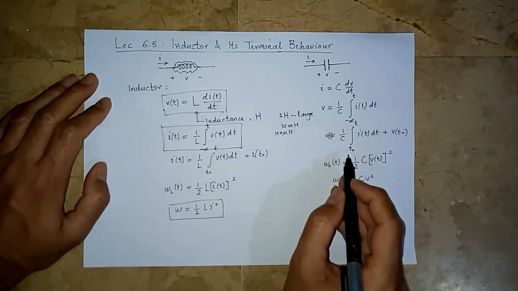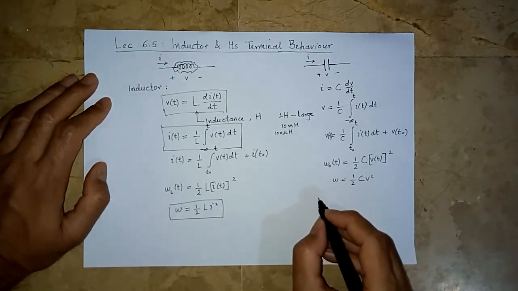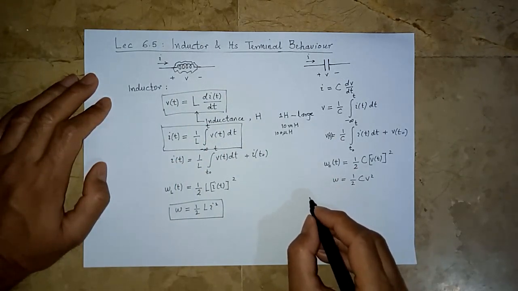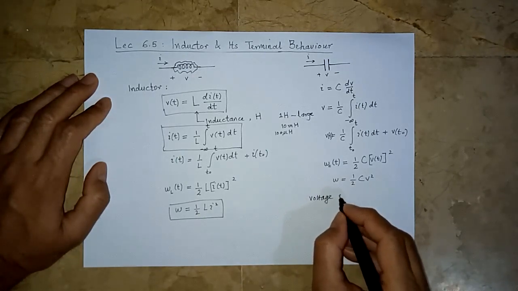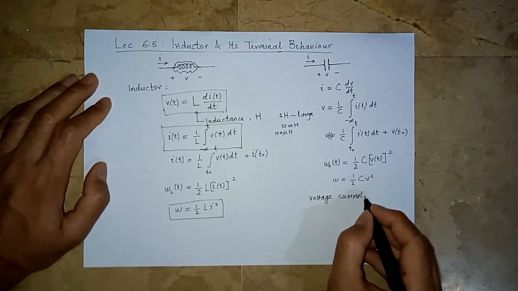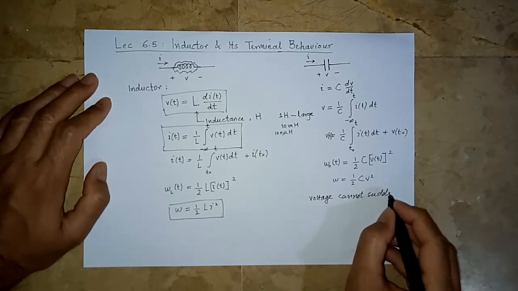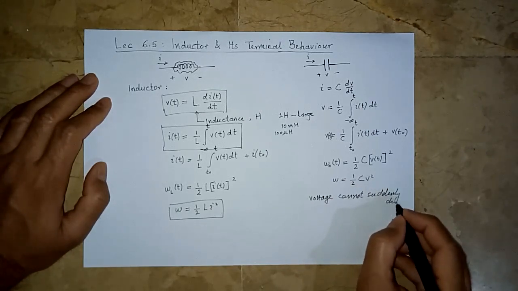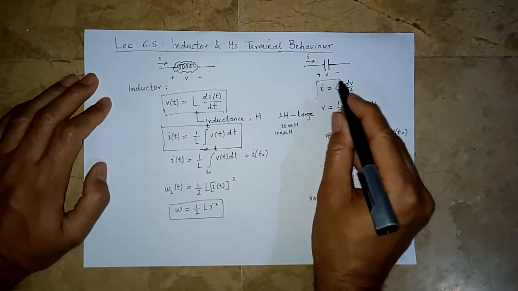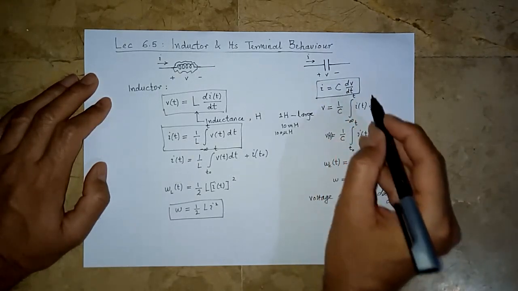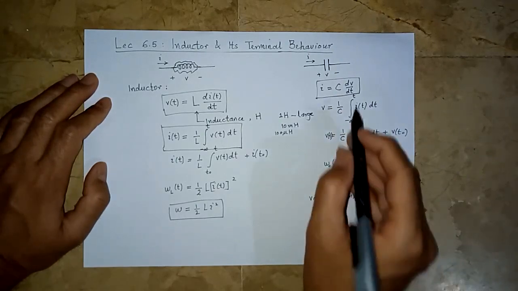Just as in the case of the capacitor, we also saw that the capacitor voltage cannot suddenly change. Why? From this expression. This expression told us that capacitor voltage cannot suddenly change. Why?